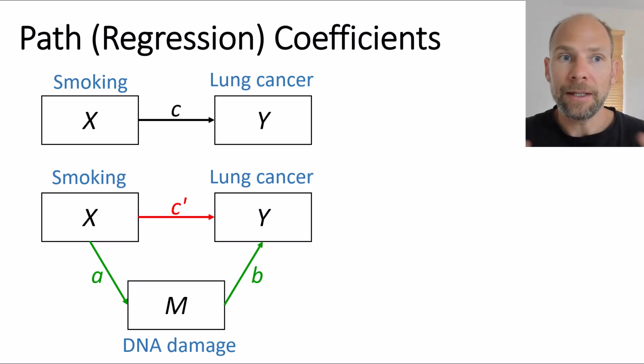So in summary, the indirect effect has to do with the regression coefficient. So then how specifically is that defined?